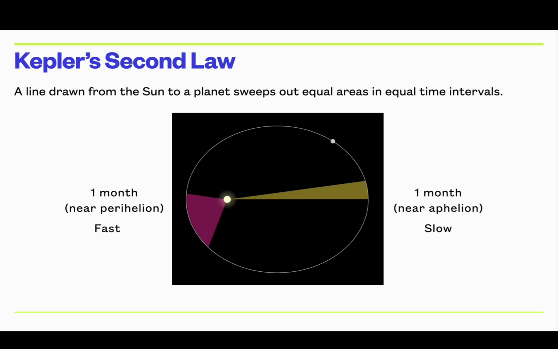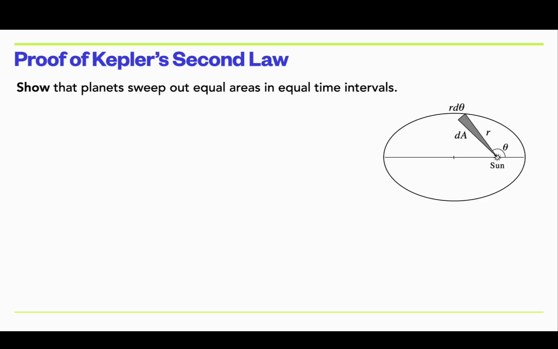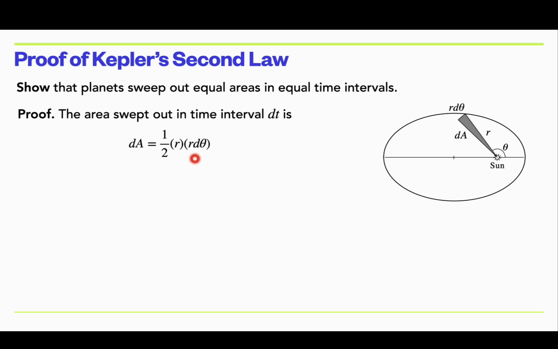So Kepler's second law, saying that it sweeps out equal areas in equal times, it's actually just a statement of conservation of angular momentum. So the area swept out in some time interval dt is going to be this. You get that by constructing a little triangle here.